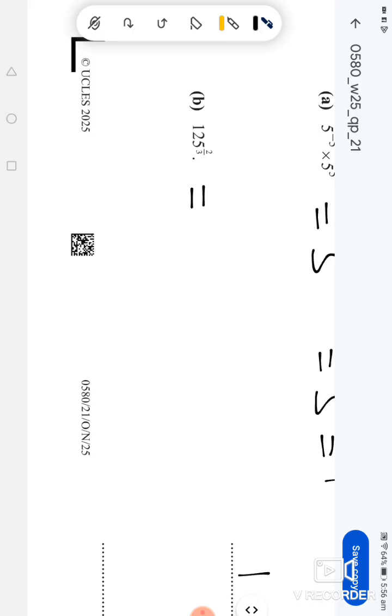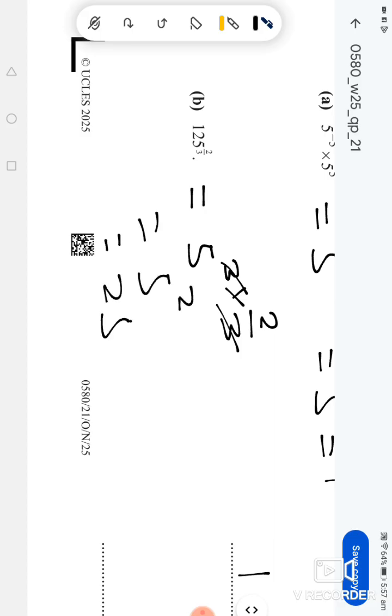We can write 125 as 5 to the power 3, because 5 times 5 is 25 and 25 times 5 is 125. Its power 2 by 3 will multiply, so the 3 cancels. 5 square equals 25.